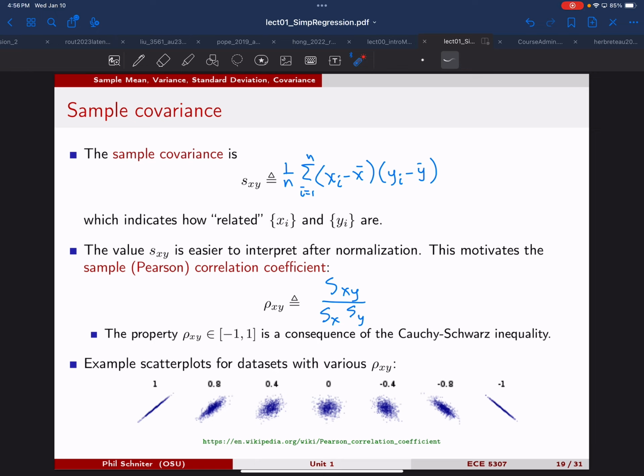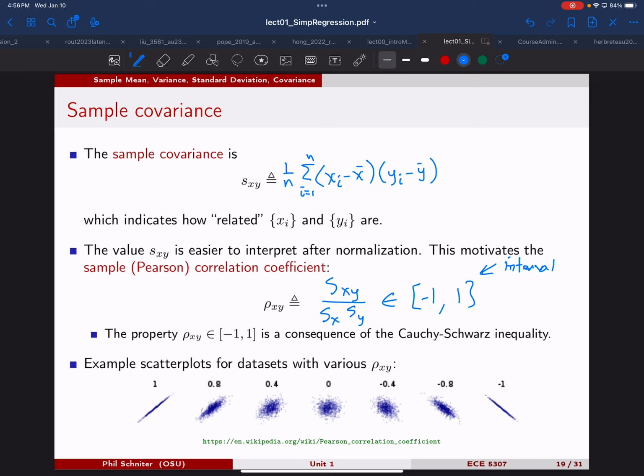Similarly, it's invariant to the scaling of y, so it's a lot more interpretable. And in fact, this number is always going to be in the interval between 1 and -1. Okay, so this is interval notation, a closed interval, meaning it can be exactly -1 or 1 or anything in between, but it can never be outside that.